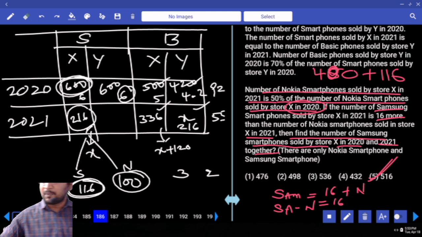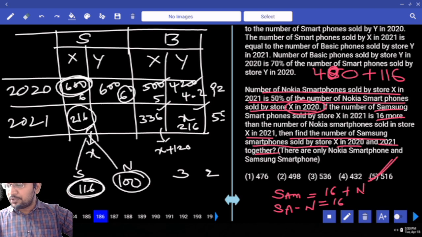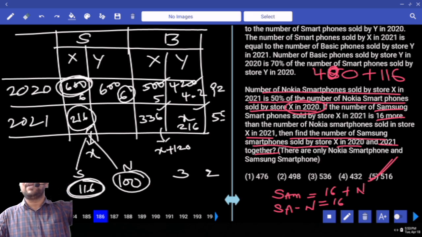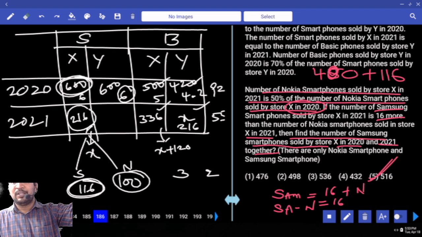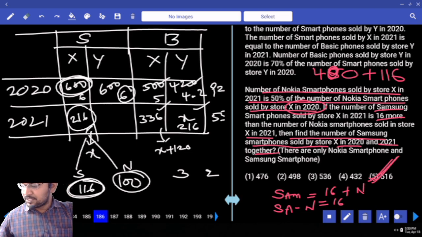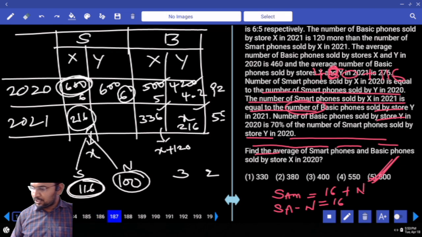We took it in reverse. Number of Nokia smartphones sold by store X in 2021 is 50% more than 2020. They compared with 2020, which we don't know. 2021 is 50% more, that is nothing but 150% is 100. Then 100% is what? All of it clear? So together is how much? 5 and 6.